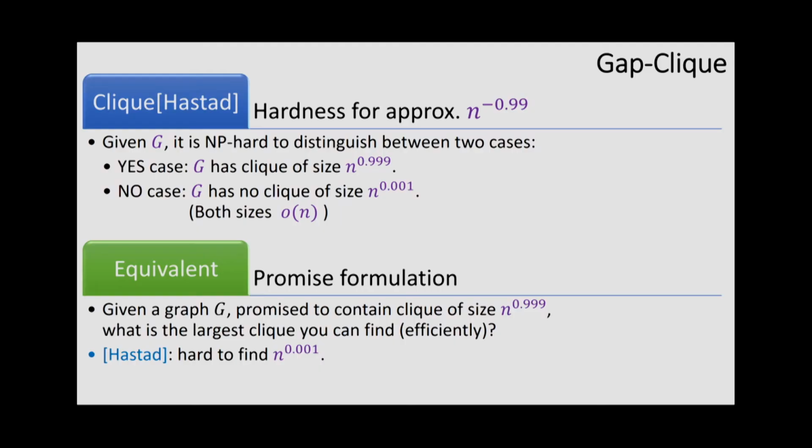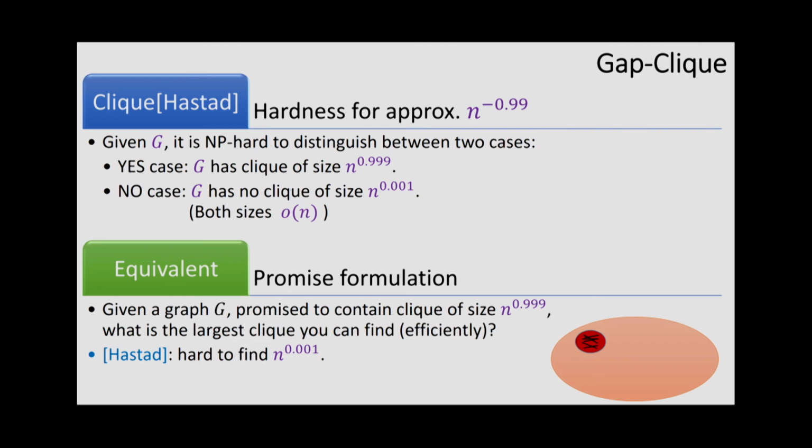You are given a graph G, promised to contain a large clique in the yes case, and all that you want to convince yourself is that you can find a clique of size n^0.001. You only want to convince yourself that you are not actually in the no case. And Håstad showed that this is hard. Again, these are two equivalent formulations of the same result.